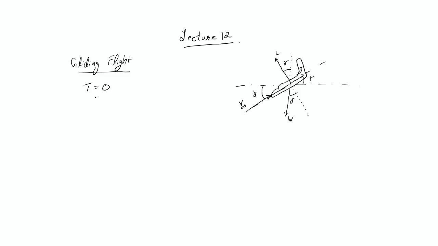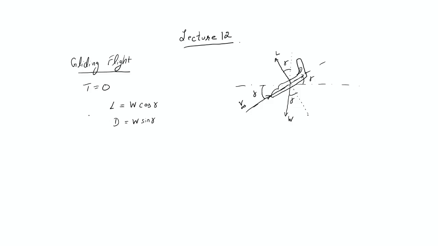For an equilibrium unaccelerated glide, the sum of the forces must be equal to 0. Now, what are the forces acting perpendicular to the velocity? That is L equals W cos gamma. Similarly, parallel to the velocity, D equals W sin gamma.